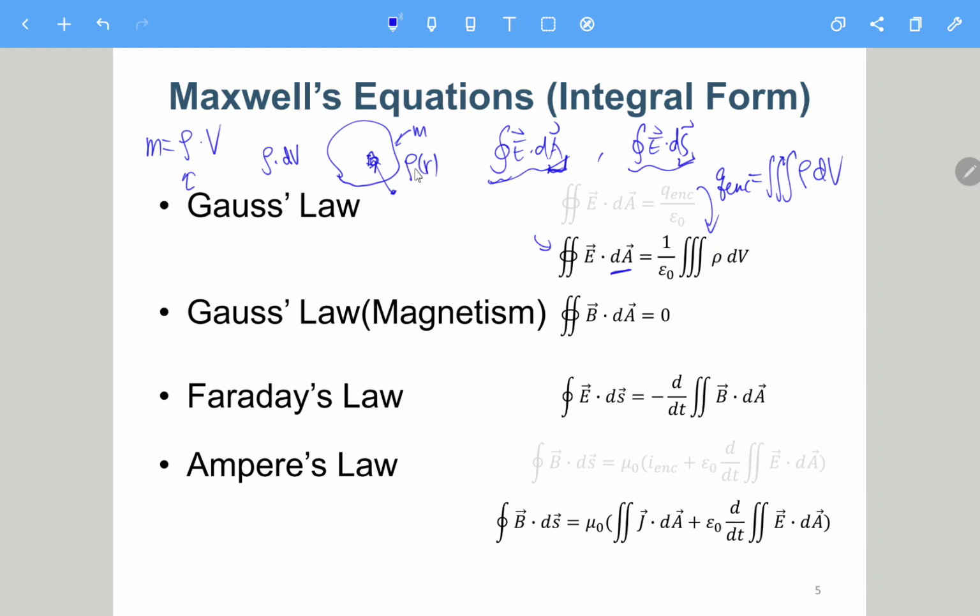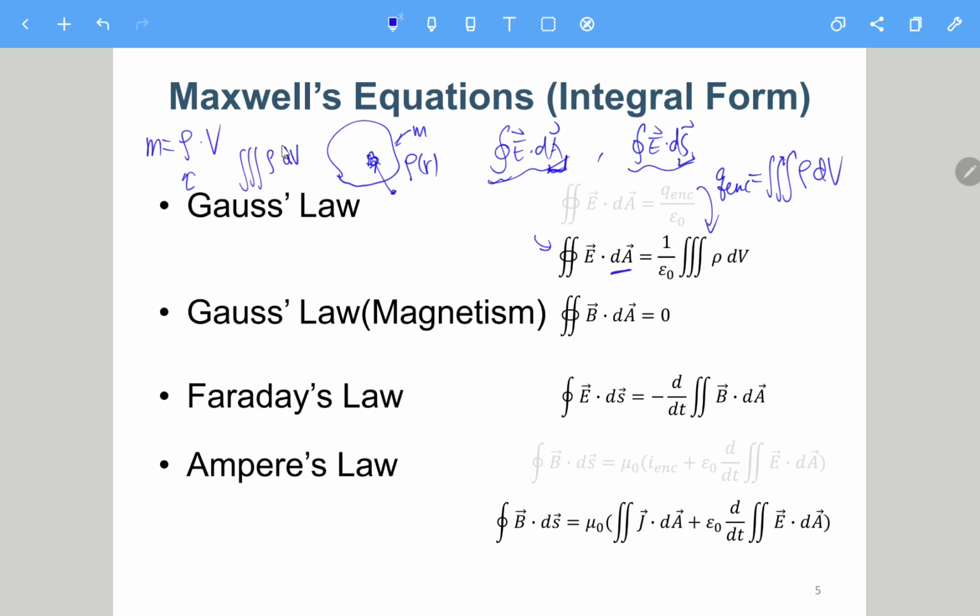Actually this is a scalar, so it is just a multiplication, and then we need to add many of them together, so that it finally turns out to be an integration.